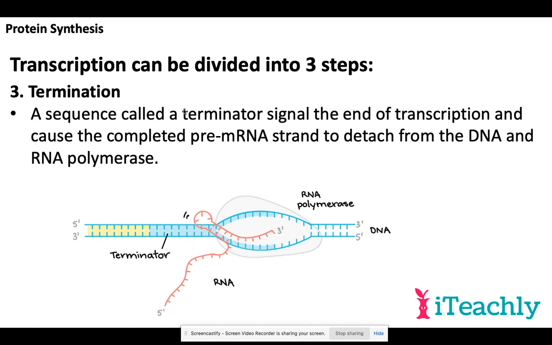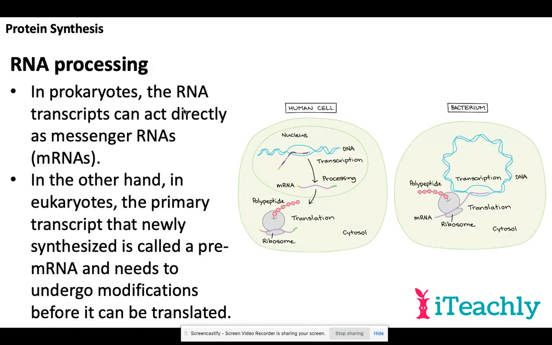And so the strand is released. Now, this is called a pre-mRNA strand, and it detaches itself from the DNA, but it's not completed. We still have to do some editing to it.